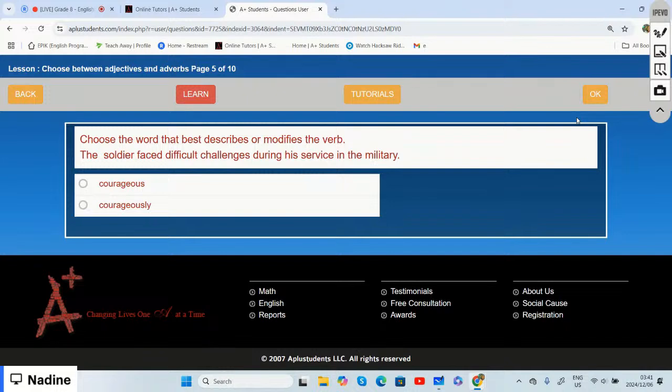And the last one says, do we say the courageous soldier faced difficult challenges during his service in the military, or do we say the courageously soldier faced difficult challenges during his service in the military? So option one, courageous, or option two, courageously.